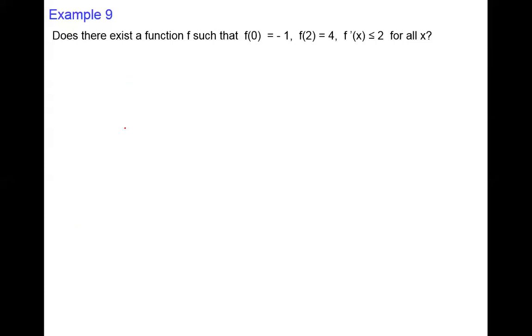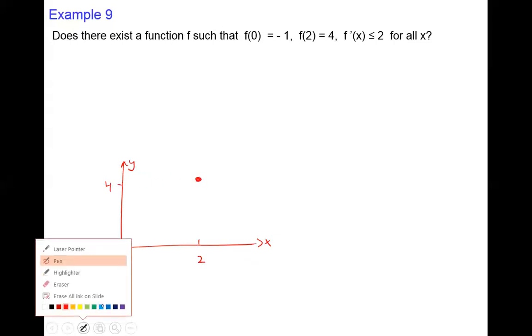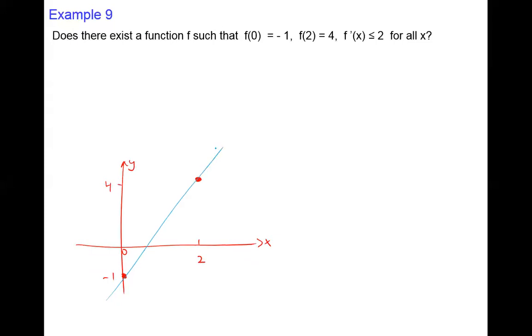We can try to draw this. Let me just draw it. F at 0 is -1. F at 2 is 4. And then if I connect these 2 points, I can get the slope.